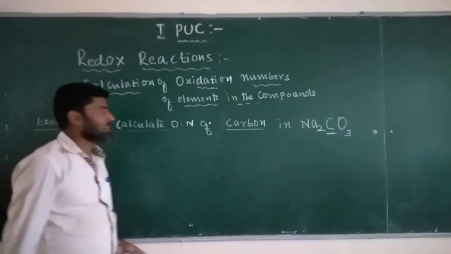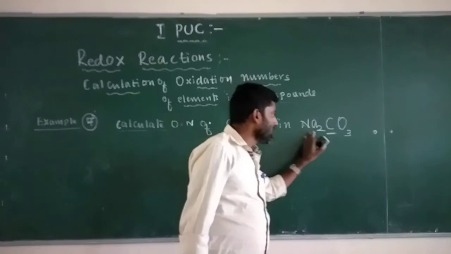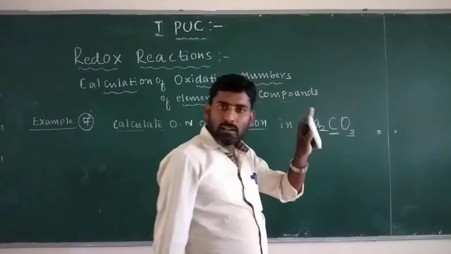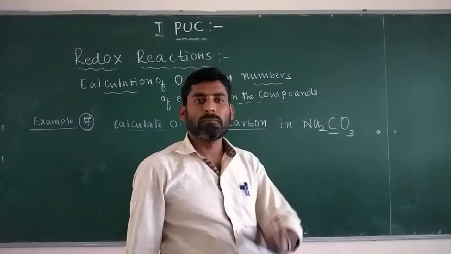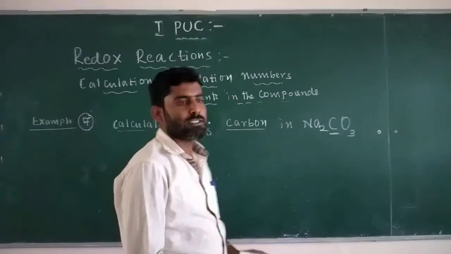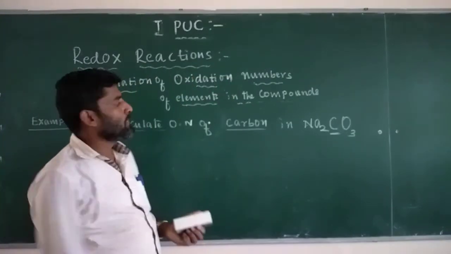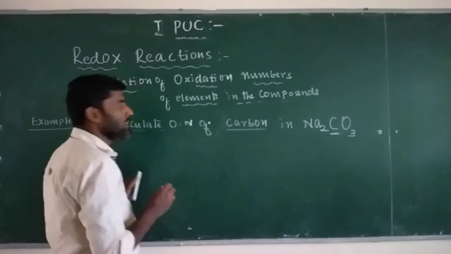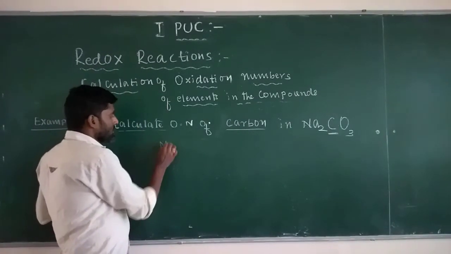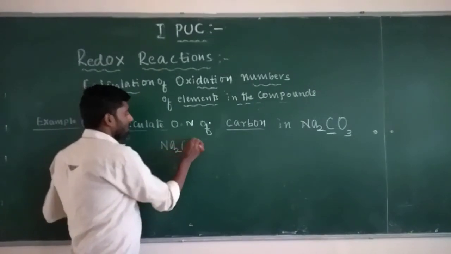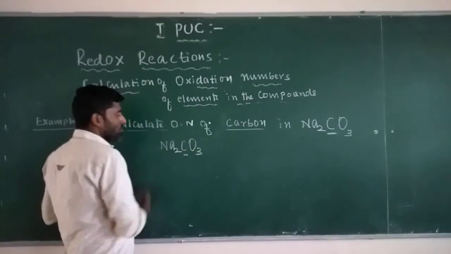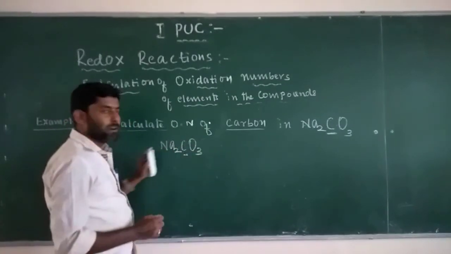For carbon also, the oxidation number we did not discuss in our rules, so we have to calculate the oxidation state of carbon in Na2CO3. Take the given compound Na2CO3; we have to calculate the oxidation number of carbon.